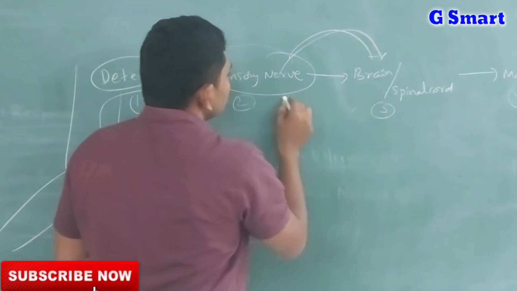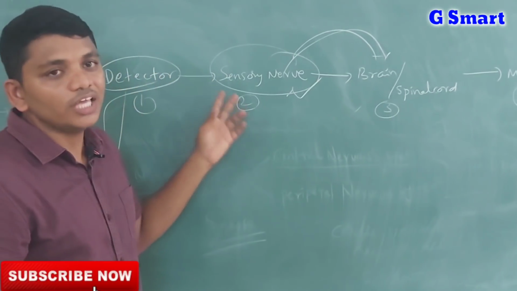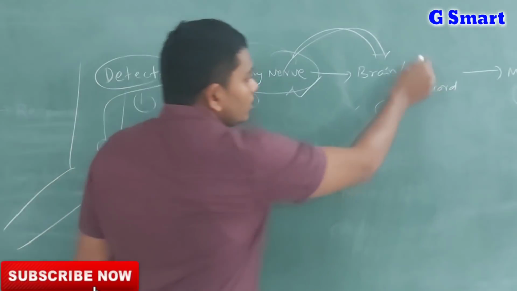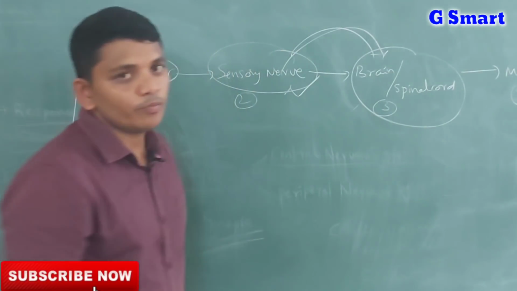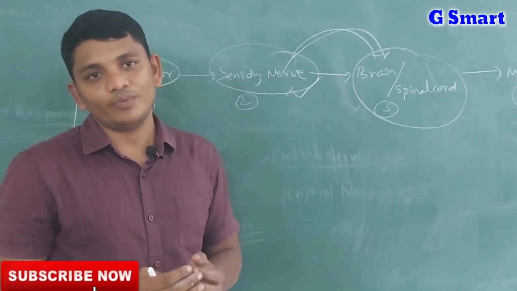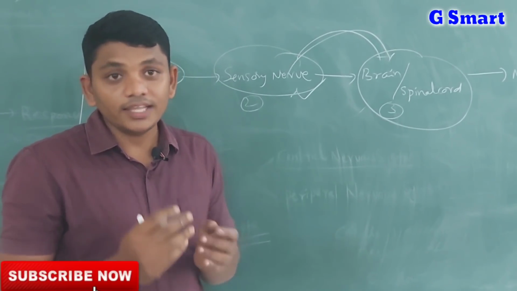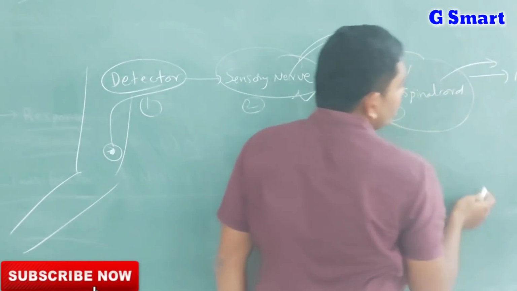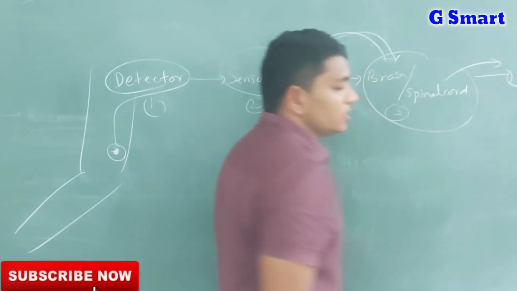So the main function of the sensory nerve is to transmit the information to the brain or spinal cord. When the brain or spinal cord receives the information, it analyzes the stimulus and then releases the response. These responses are transmitted with the help of the motor nerves.